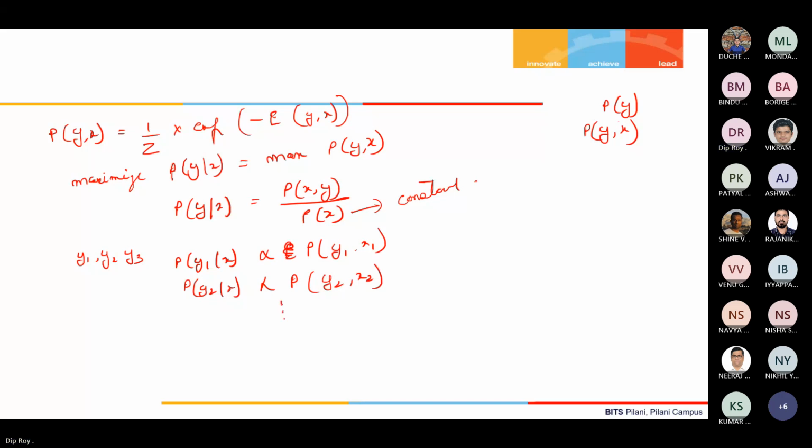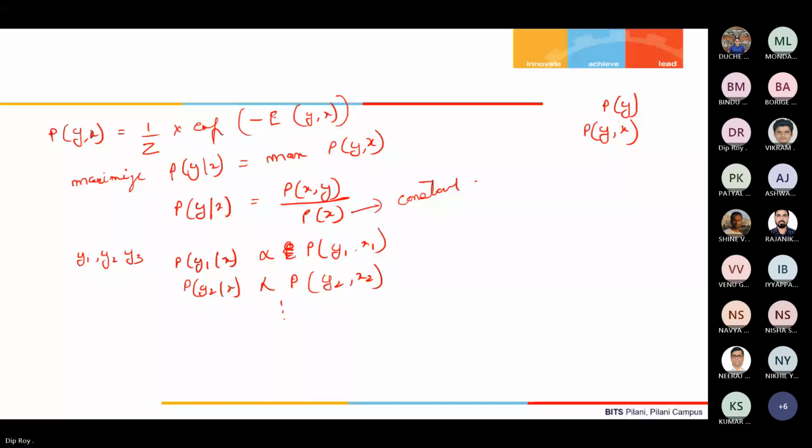So the solution becomes: find the Y that maximizes the unnormalized joint probability, which is equivalent to minimizing the energy function. This is essentially what these guys are doing in the Ising model.